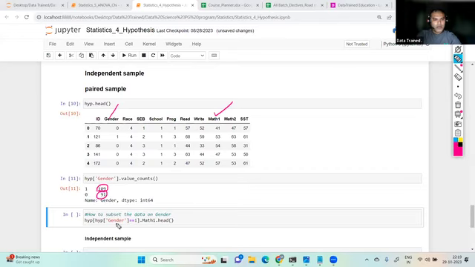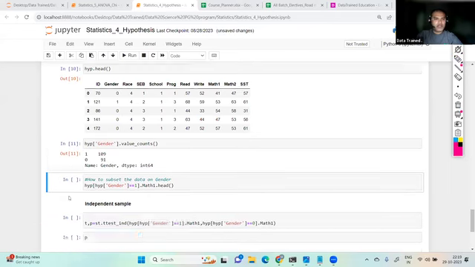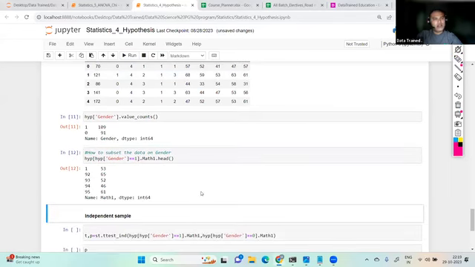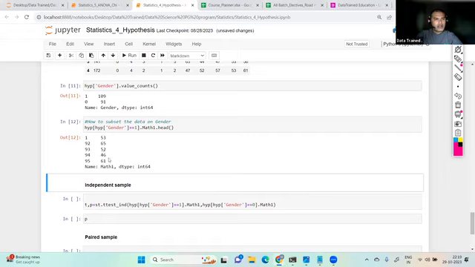So gender one means male students' maths one score. I'm just trying to show how we can subset it. We'll use this down the line. These are all male students' marks only. So independent means male and female, independent.